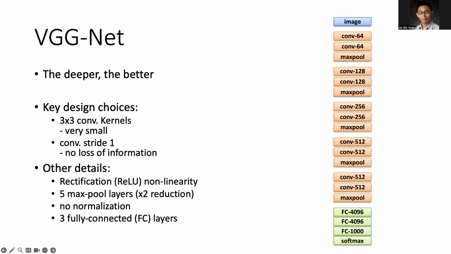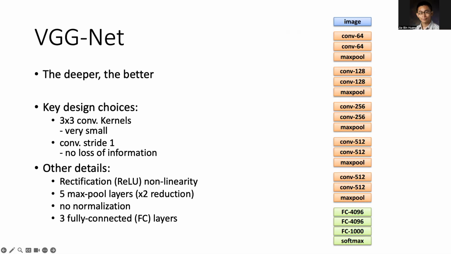And the way you make things deeper is that you use smaller convolutional kernels. AlexNet still used 11 by 11 convolutional kernels. Starting there, they start to use very small convolutional kernels. And this idea has been propagated throughout the rest of the papers as well.